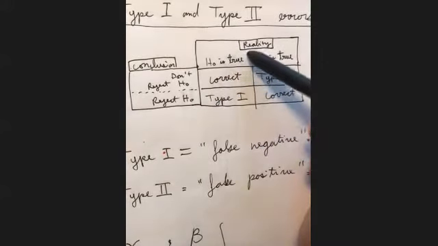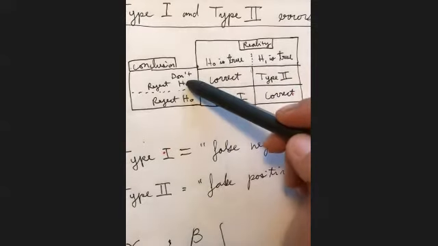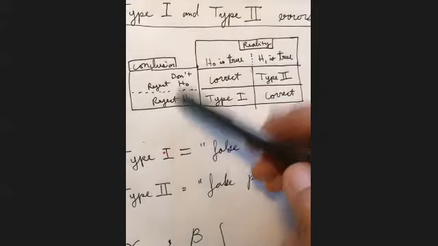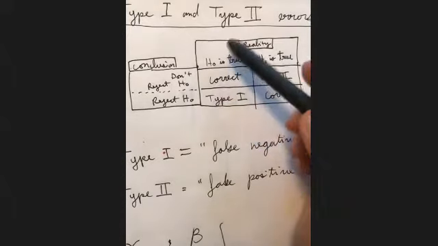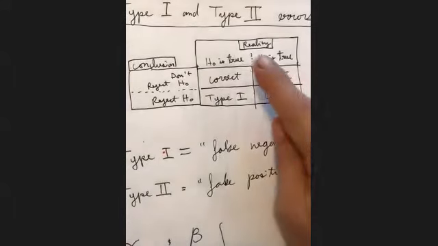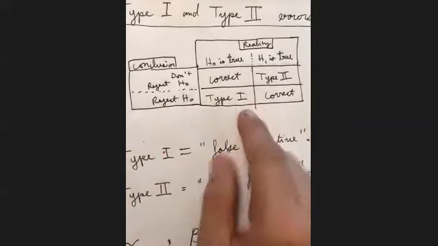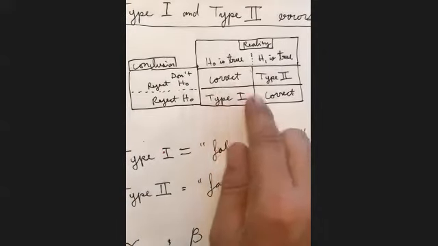Now, if H0 is true, then either we do not reject H0, which would be a correct conclusion, or we reject H0, which would be a type 1 error. Type 1 is the most obvious contradiction. We know it's true, but then we reject it nonetheless. So that's a type 1 error.